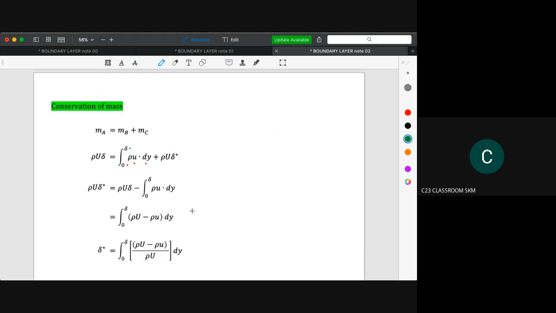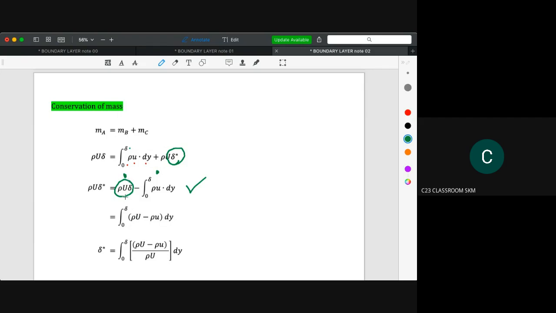Because we want to calculate the value of delta star, we rearrange this equation and write it like this. Because we have one term without integration and one term with integration, we just reverse the calculation for this one into integral format.